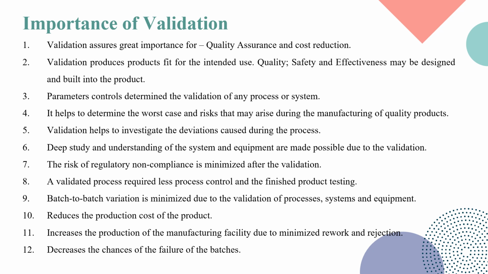Next, it also increases the output of the manufacturing facilities due to minimizing rework and rejections. Next, it also decreases the chances of failure of the batches. It very effectively ensures that every batch provides the effective results.